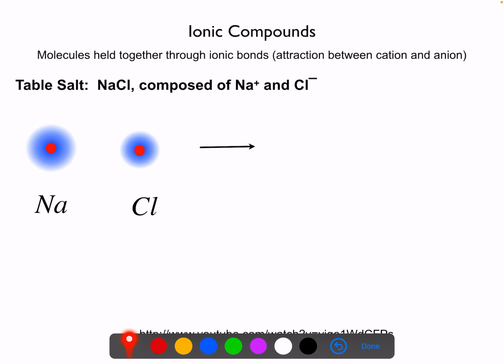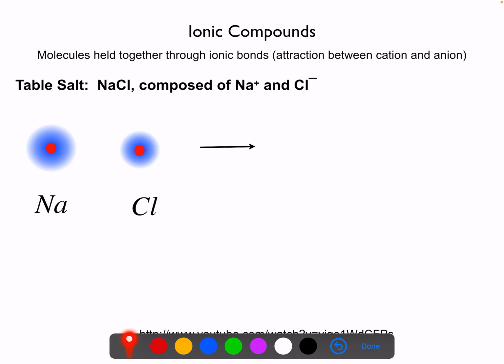Now, when we think about ionic compounds, and we want to think more about this ionic bond, this force of attraction between a positively charged cation and a negatively charged anion, we can look at an example like table salt. And salt is a generic term that really is just referring to an ionic compound.